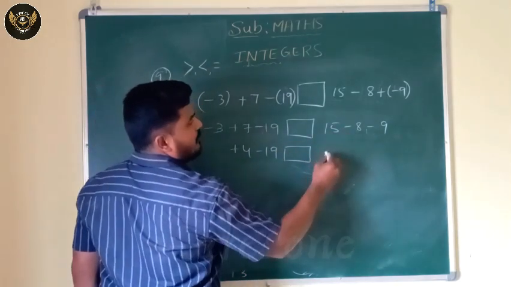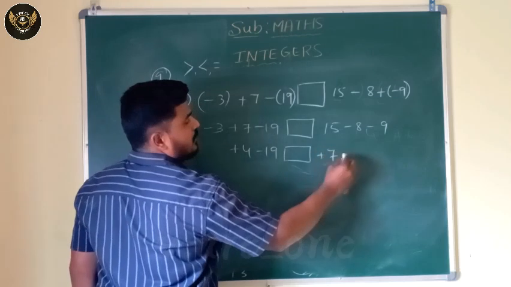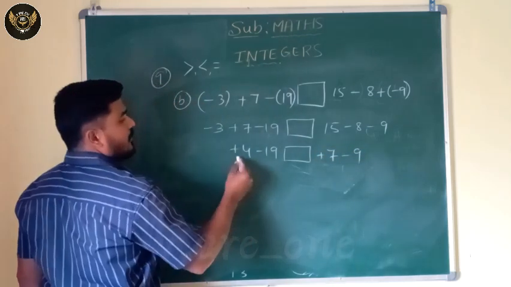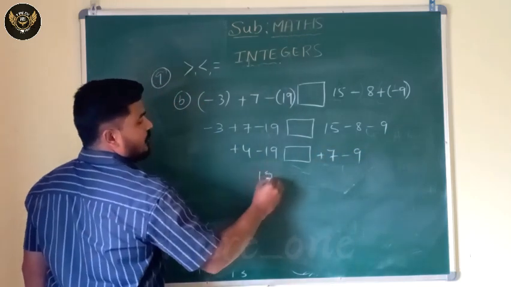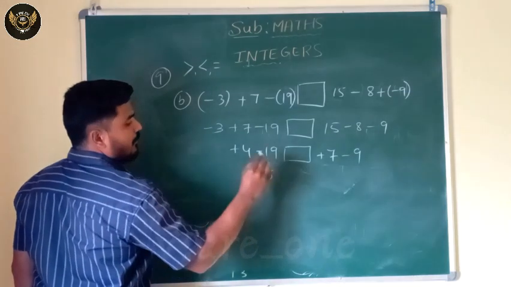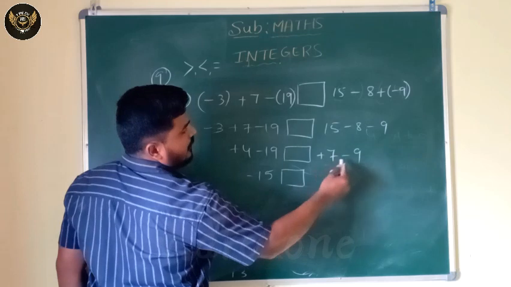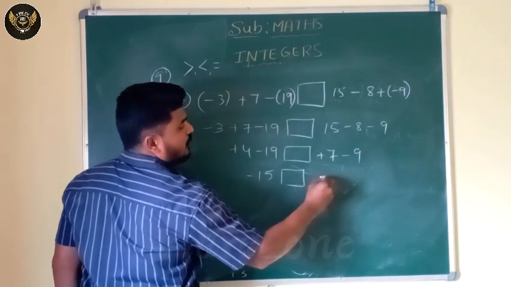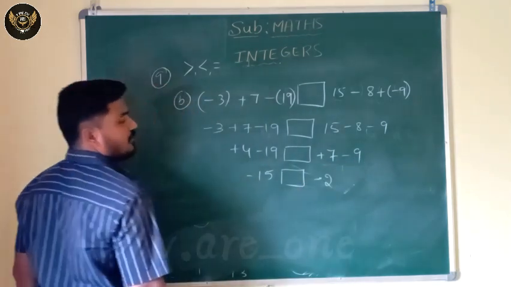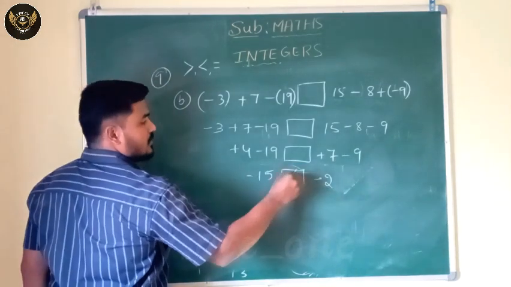Plus 15 minus 8 becomes 7 plus 7 minus 9. If we subtract these two, we get 15. Greater number is 19. It has a minus. If we subtract 9 and 7, we get 2. Greatest number is minus. Therefore, minus 2 is greater.